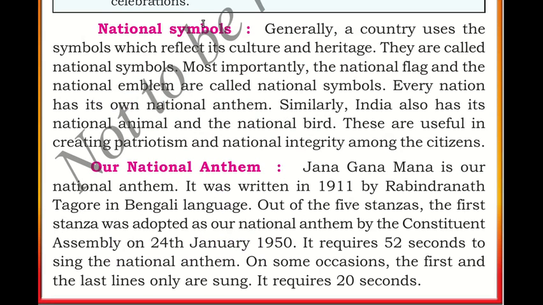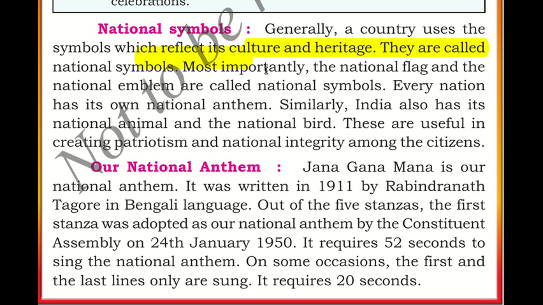National symbols. Generally, a country uses the symbols which reflect its heritage and culture. They are called national symbols. So all countries have certain factors that are reflective of the culture, heritage and history of the nation.